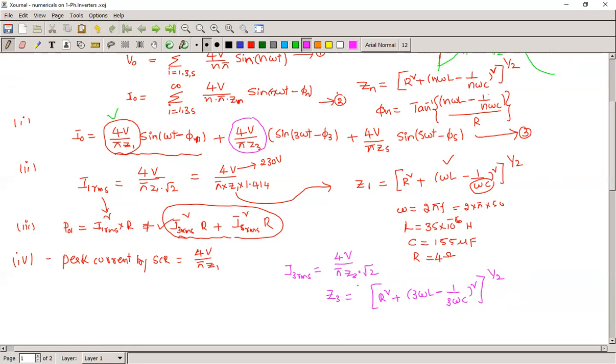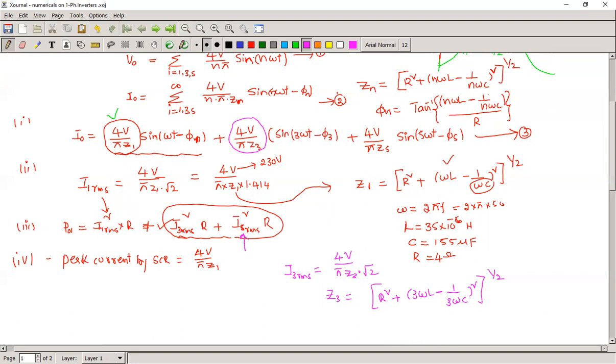Only thing is, when you calculate Zn, in place of n you have to substitute 5, just as we calculated Z1 and Z3. In the same manner we calculate Z5 so that we can get the value of I5.